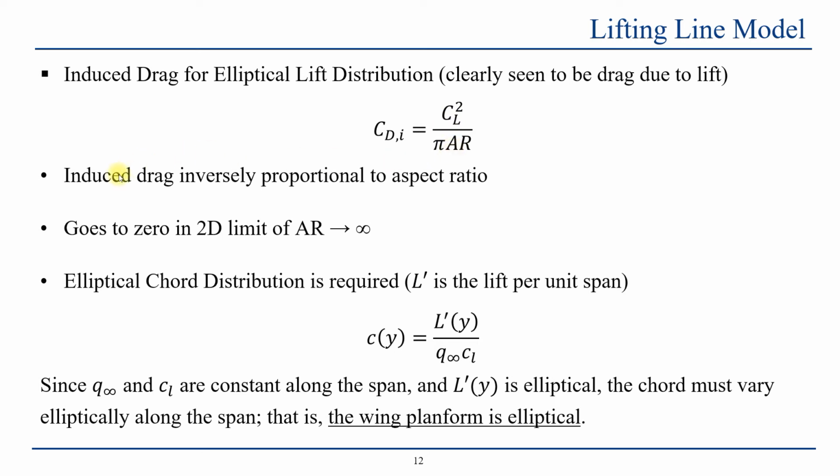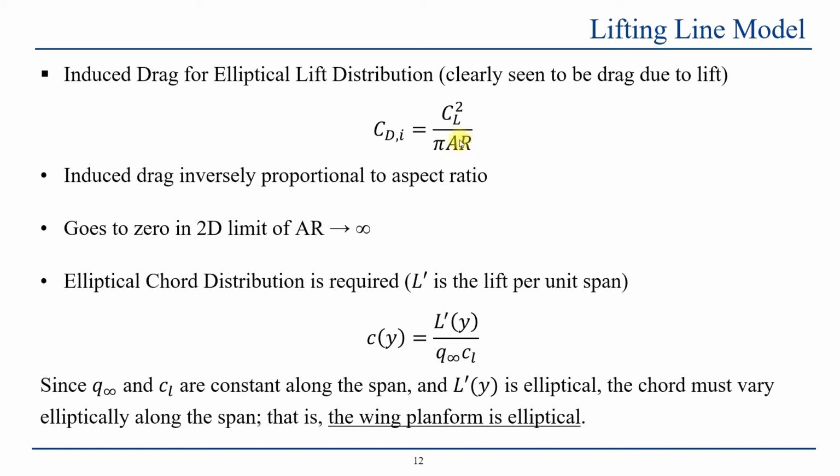The induced drag is inversely proportional to aspect ratio. And as we can see, if the aspect ratio goes to infinity, because it's in the denominator, the full value of CDI, or induced drag, is going to go to 0, meaning that we won't have any induced drag for an infinite wing, because that's when you will have an infinite aspect ratio.